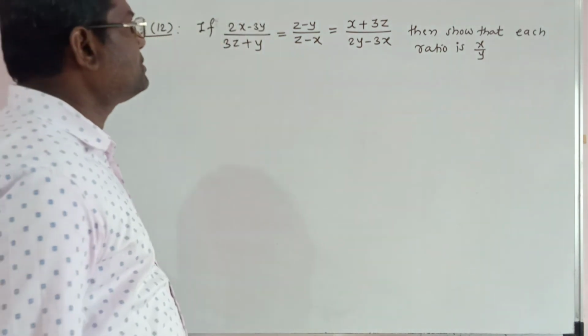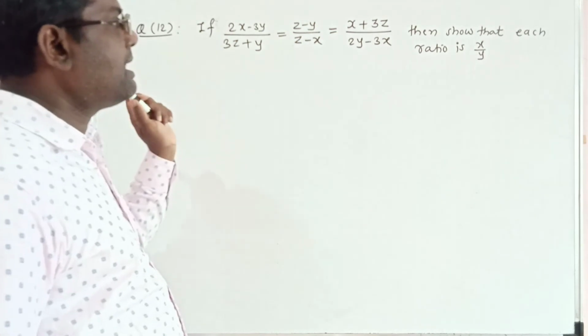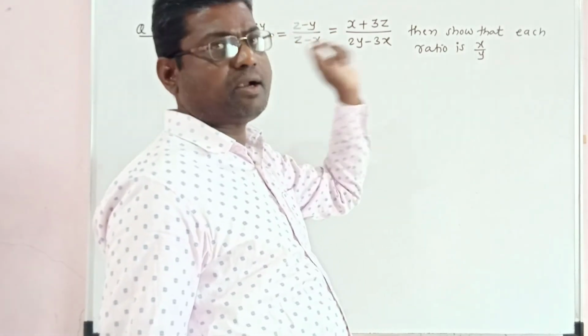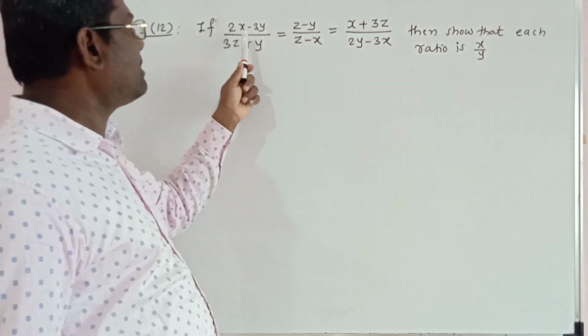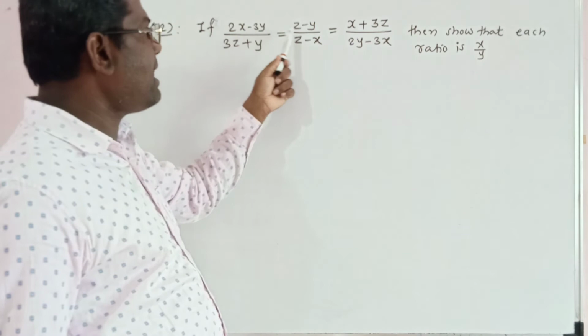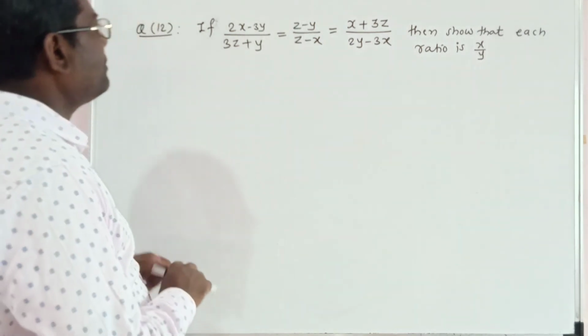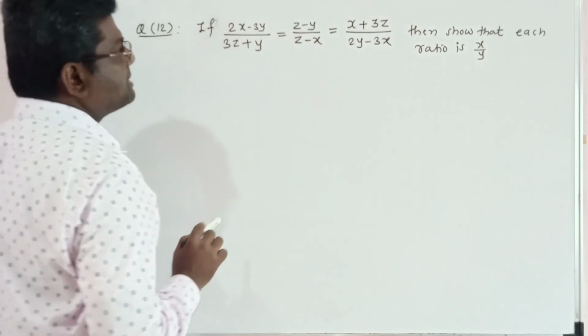So we have to show that each ratio is x upon y. Therefore we want in the numerator the term of x. So in the numerator we have to eliminate the terms of y and z. Now here for this ratio the term is z.